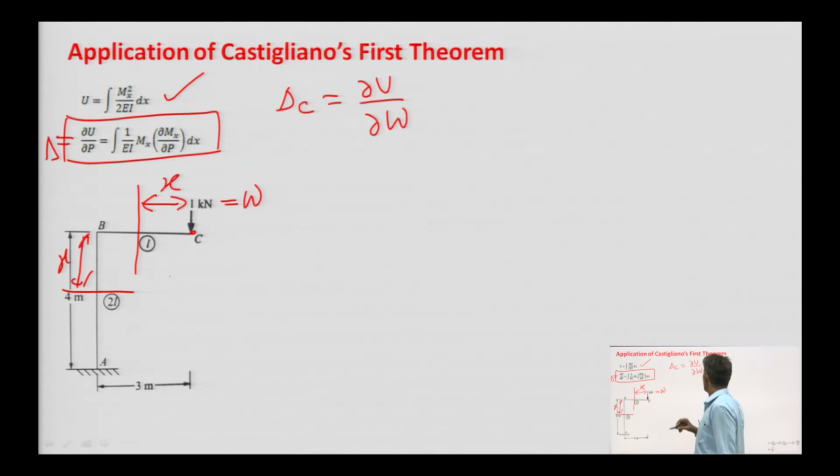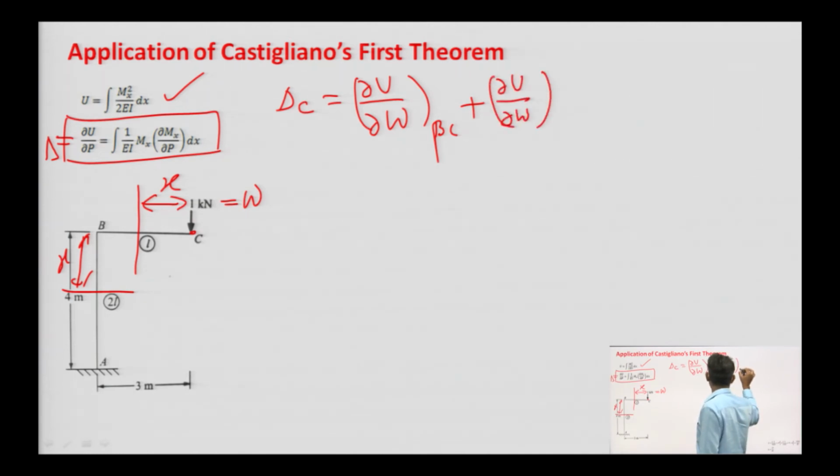So, del u by del W for B C plus del u by del W for A B. This will be the value of displacement, for B C and for A B. And u is this one.